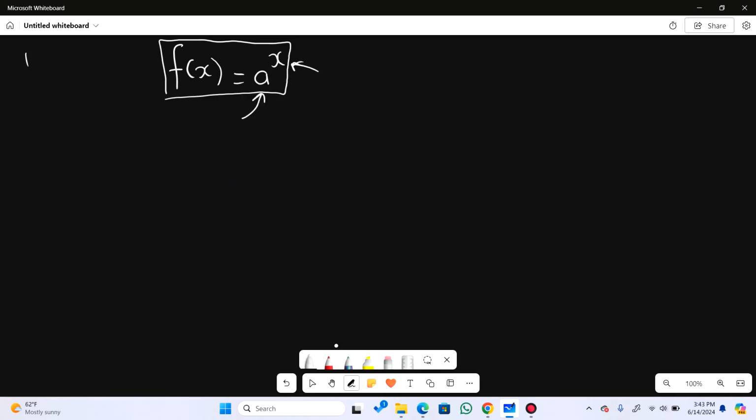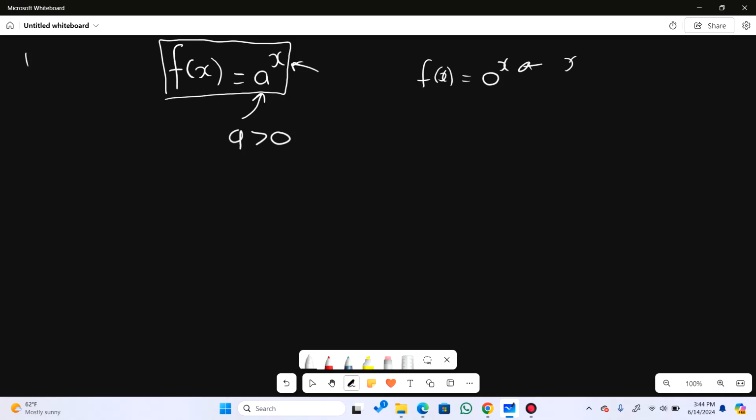Okay, now we said that a is always greater than 0 in that case, right? We do not include the 0, because if a is equal to 0, then we will have f(x) equal to 0 to the power x.